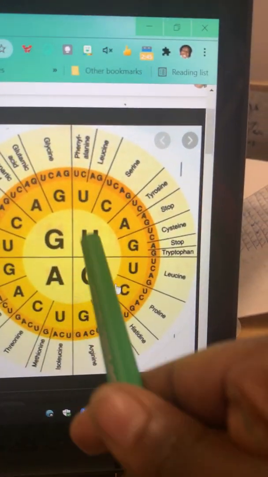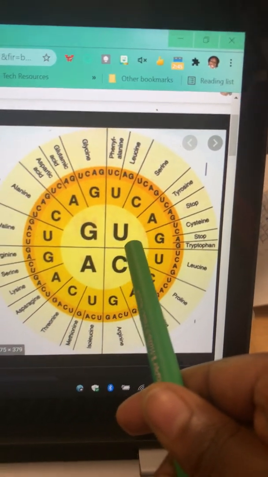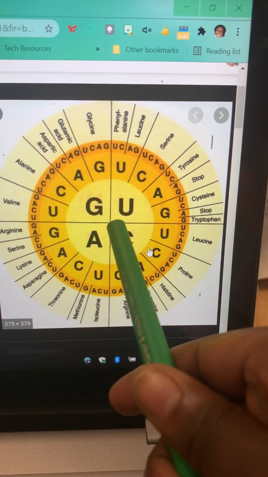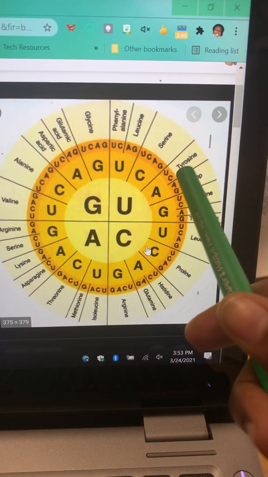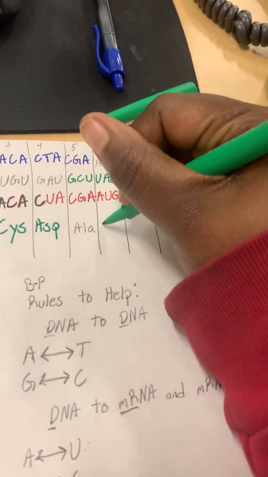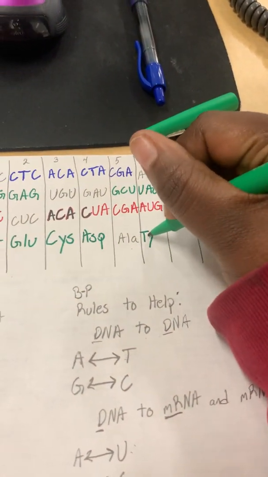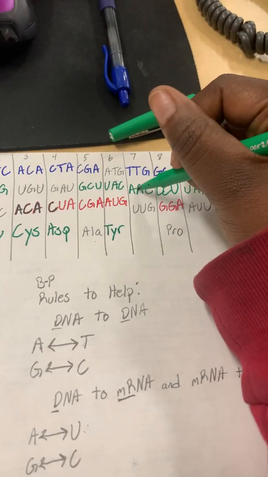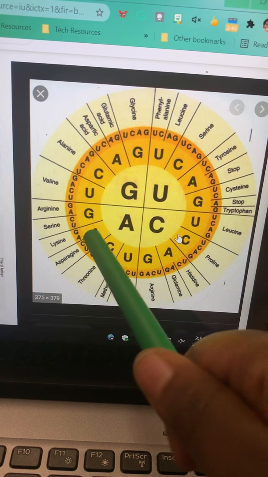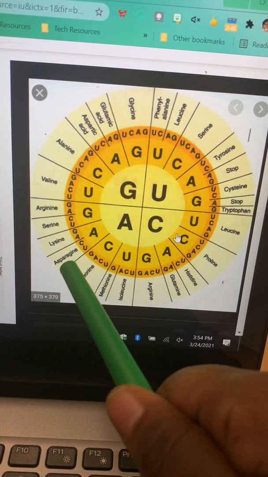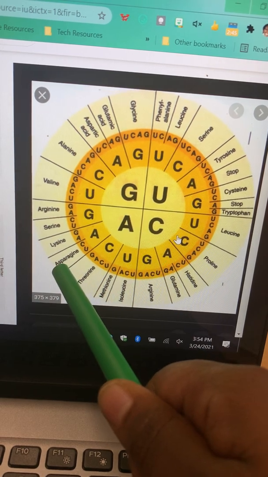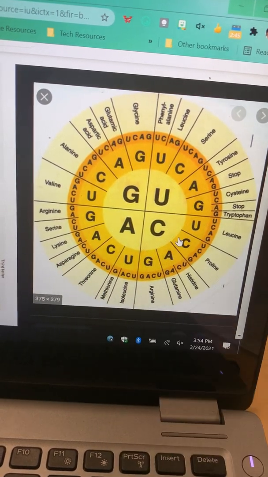Here is my first letter, U, second letter, A, third letter, C. UAC is tyrosine, so that's just TYR. Then AAC: first letter A, second letter A, third letter C is asparagine. Not sure if I said that right, but ASP basically.